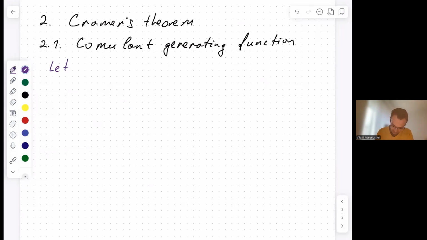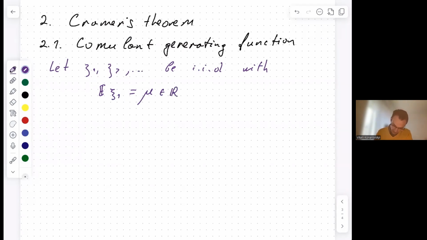Let Xi1, Xi2, and so on be IID with expectation, for instance Xi1, denoted by mu. Expectation exists and it is mu from R.